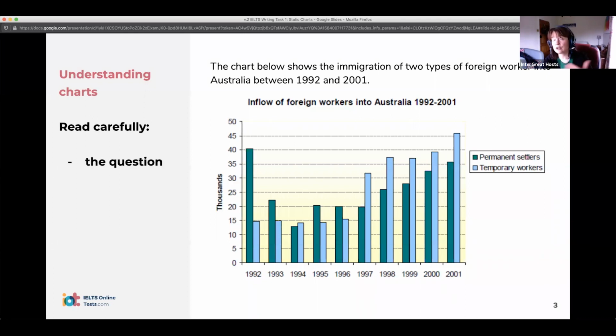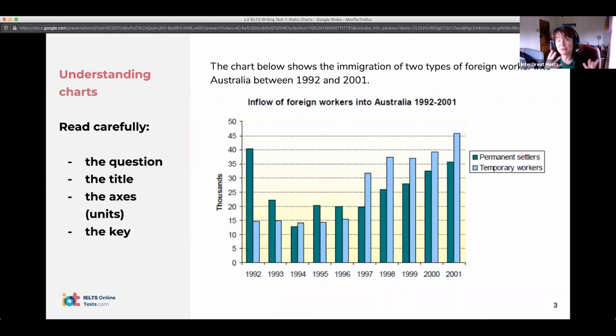So read the question very carefully, pay attention to the detail of the question, and also the title. Those two things together give you a lot of information. Then you need to look at the axes and also the key. For example, if you have figures, in this case it's in thousands, sometimes it's in percentages, sometimes in millions, and it's quite a common mistake for people to get those figures wrong.